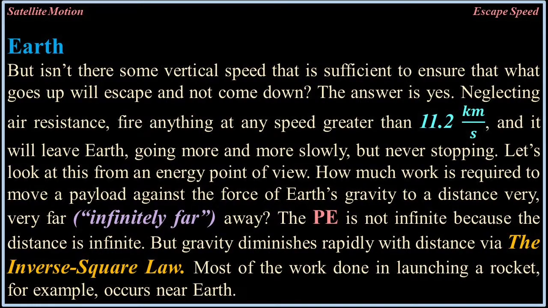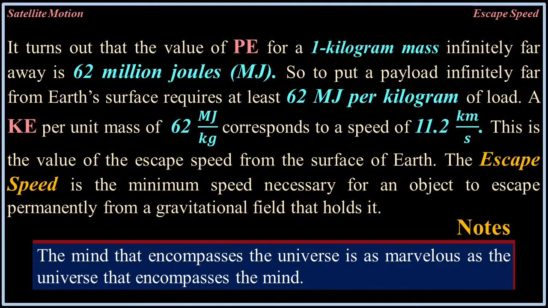example, occurs near Earth. It turns out that the value of PE for a 1 kilogram mass infinitely far away is 62 million joules, MJ. So to put a payload infinitely far from Earth's surface requires at least 62 MJ of energy per kilogram of payload.